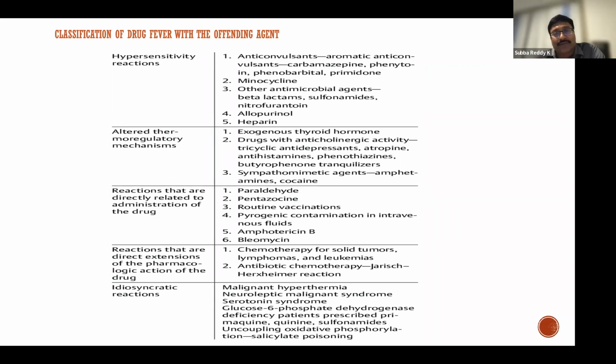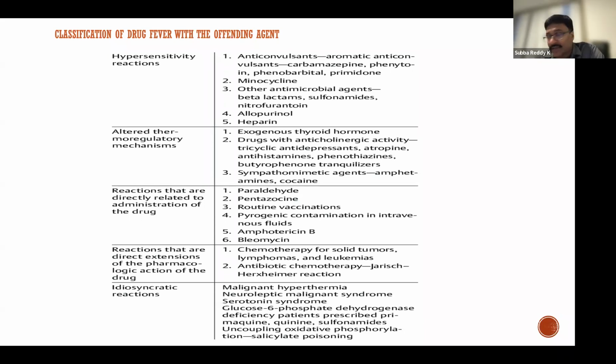It takes several days. The most commonly used anticonvulsants like phenytoin, phenobarbital, and carbamazepine can cause it because of hypersensitivity reactions. So you should know the mechanism of how these drugs cause drug fever. Some drugs can affect heat loss, like atropine.